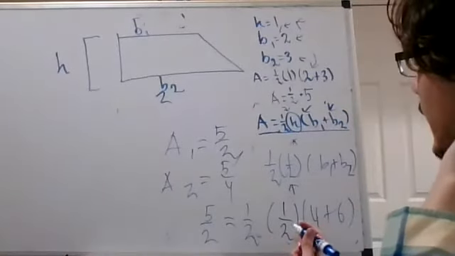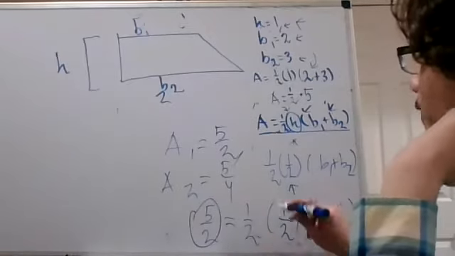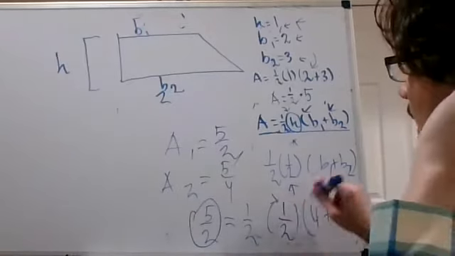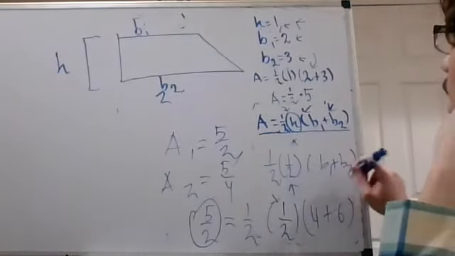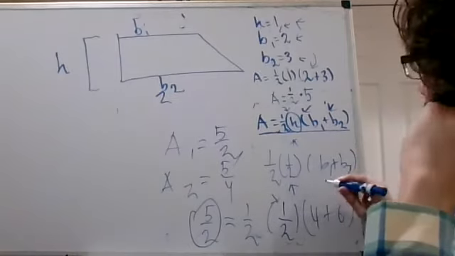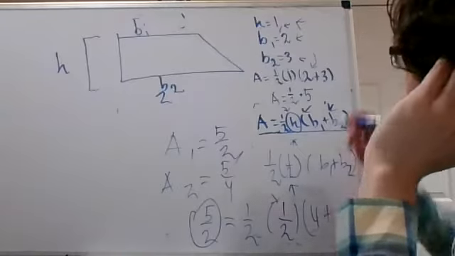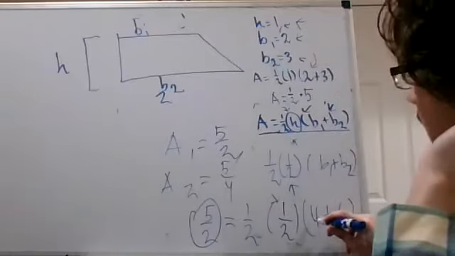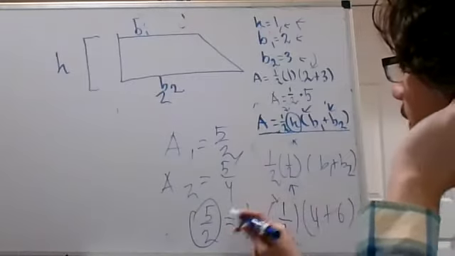So what I'm saying here is that if we were to keep the area the same by using the height now that we halved it, that means base 1 plus base 2 must be doubled. So we can change the bases by doubling them so that it is 4 plus 6, and that would come out to be 5 over 2.